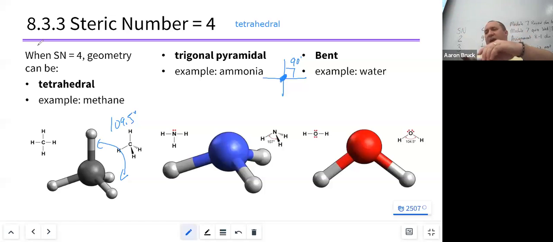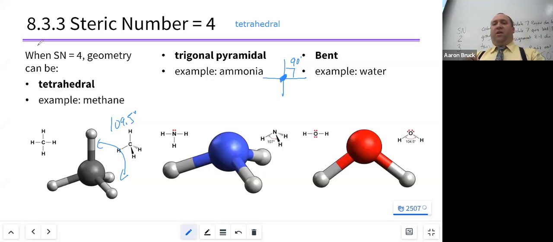Well, again, if I look at this molecule here in 3 dimensions, I don't have a topper on it anymore. But if I think of the center atom as being the top of a pyramid, I do have a pyramid. Because this center atom is raised from the other 3 atoms.